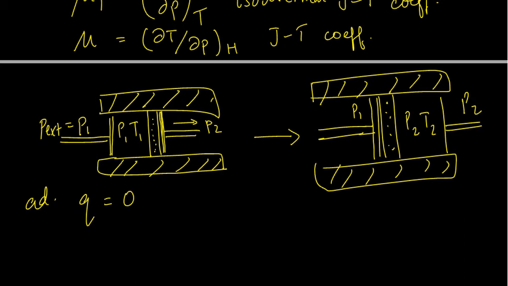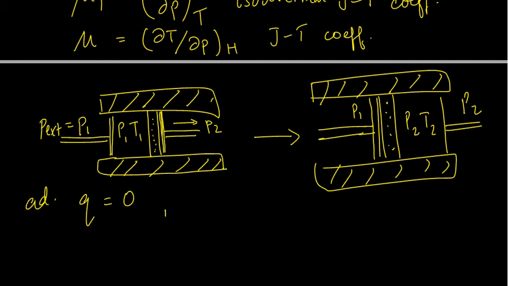If the piston goes from here to here at an external pressure P1, the work is minus P1 into (0 minus V1), since the final volume is 0. So plus P1 times V1.